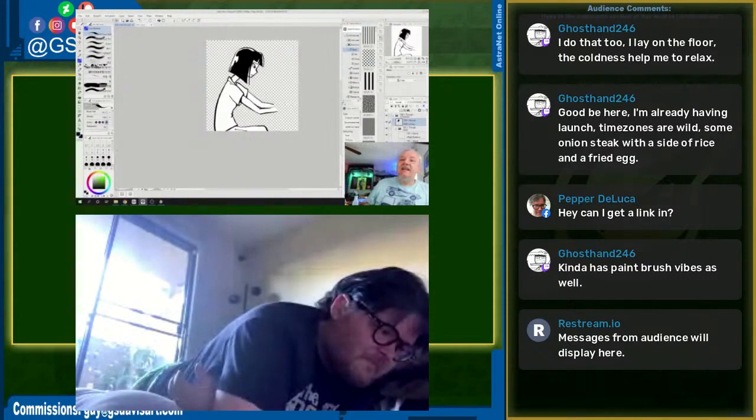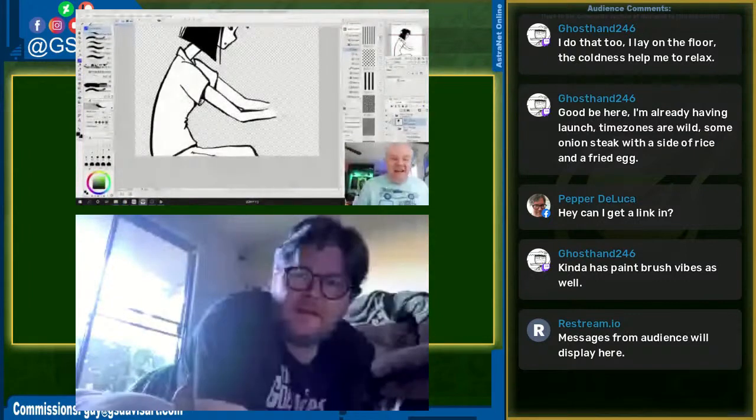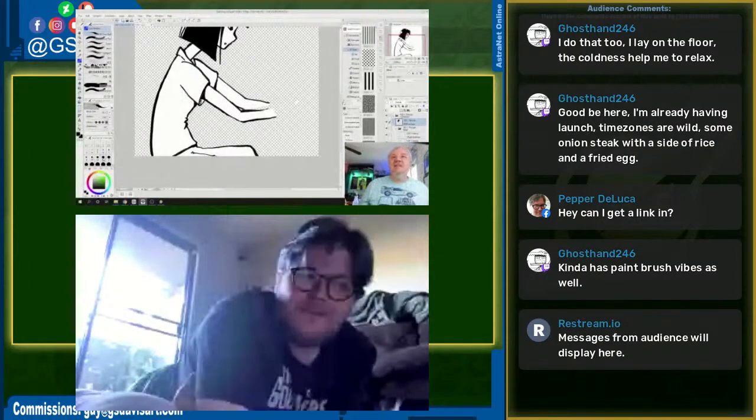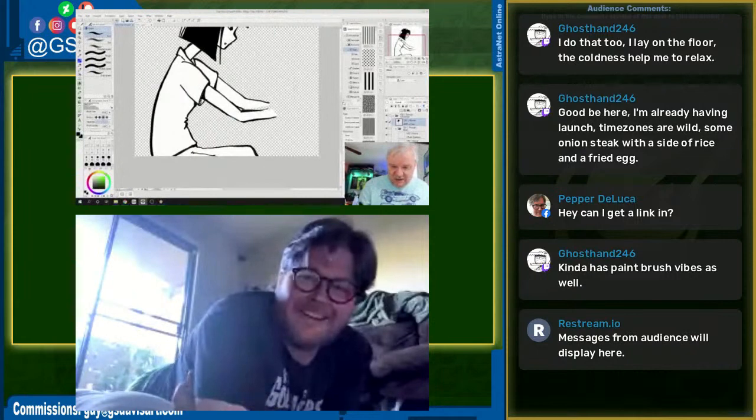Ghost Hand says that he lays on the floor too to help relax. Nowadays, as I get older and older, what I find laying on the floor is good for is to pop my back. After sitting so long, my back will compress, and when I lay down, it'll stretch out again, and all of my vertebrae, especially my lower vertebrae, will pop. That's what happens when you lay down on the floor? In order for me to pop vertebrae, I just have to bend over.